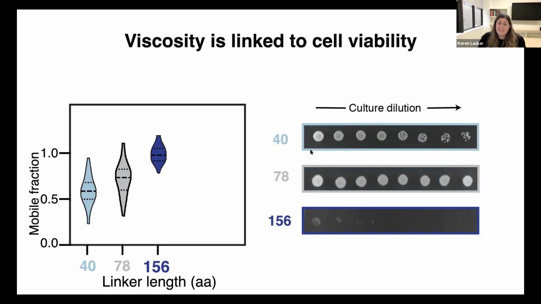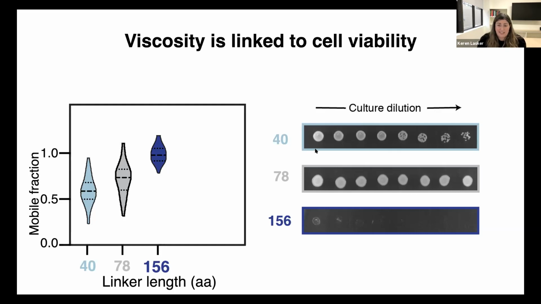So what was very nice is that we then actually replaced the wild type POP-Z with either of those variants, and we wanted to see how that affects the viability of the cell using a spotting assay. And what we see is that the double linker mutant is extremely toxic, and the cell shows little to no growth, while halving the linker shows slightly slower growth than the wild type.